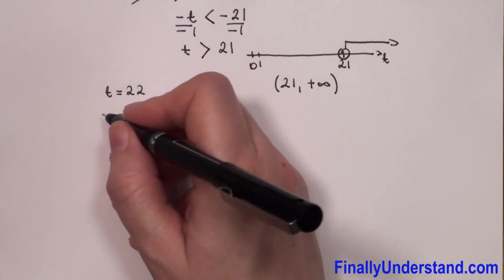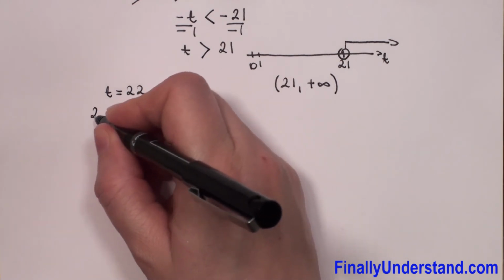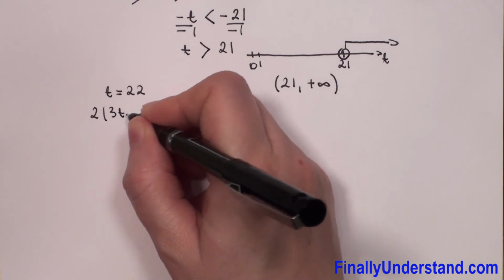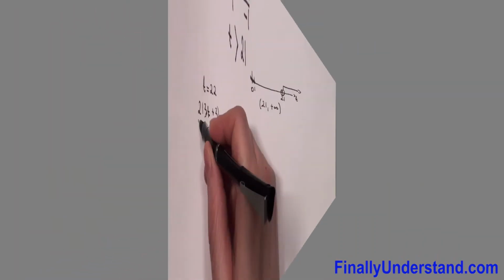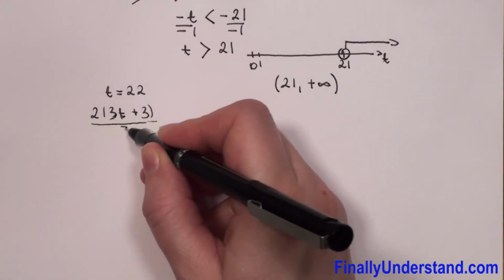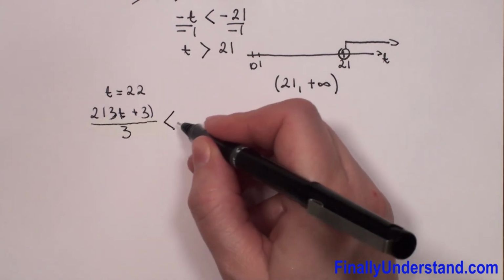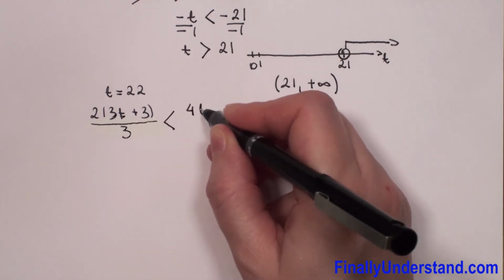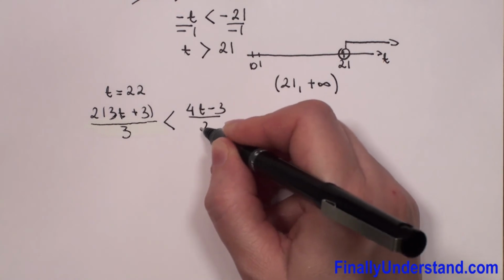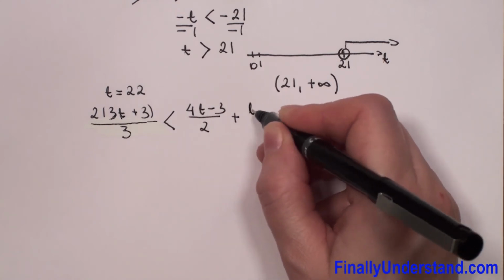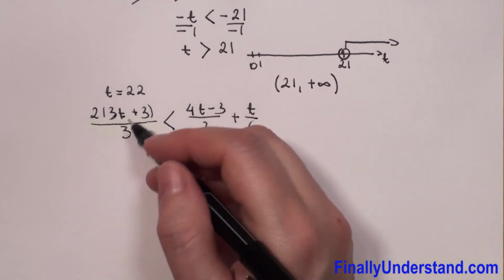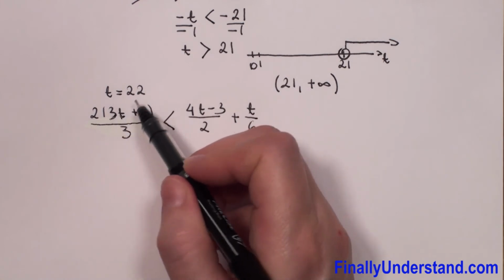First, I have to copy this inequality. So I have 2 times (3t plus 3) over 3 is less than (4t minus 3) over 2 plus t over 6. Now I have to replace t by 22.